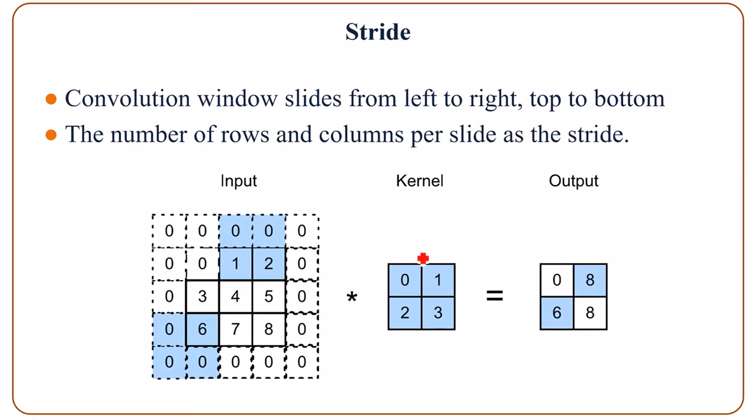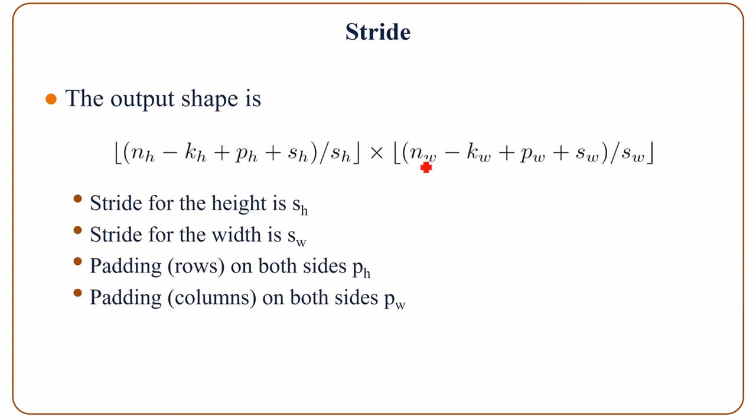When we compute the convolution by putting the kernel on top of the input image and then move it to the right side until it reaches the boundary, the number of columns in which the kernel moves to the right or downward to the bottom is called the stride. Stride is usually equal to 1, but can be also different than 1.